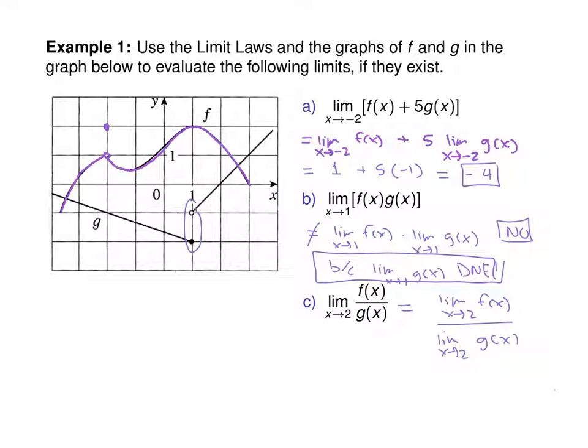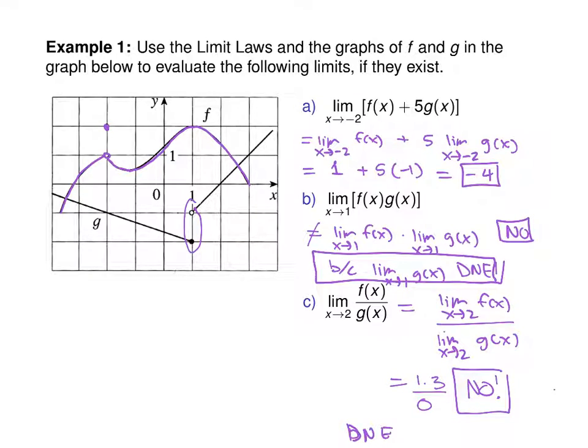It was the point. So what's happening as x goes to 2, f is getting close to, I don't know, like 1.4, 1.3, something like that, right? So this would be 1.3 divided by, no, right? And in WebAssign you're going to say DNE, they even use those letters.